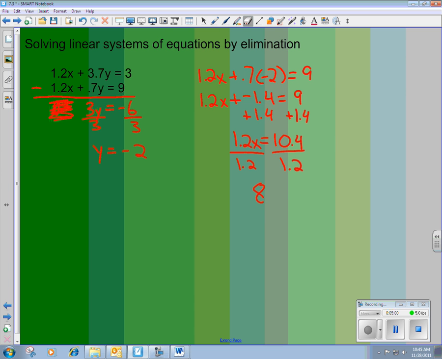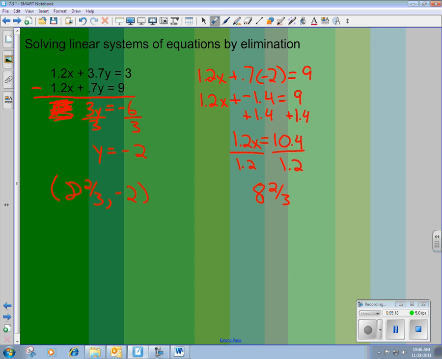So 8 and 2 thirds. So again, it gives us an exact answer rather than having to be kind of guessing between there. So we get 8 and 2 thirds, comma, negative 2.